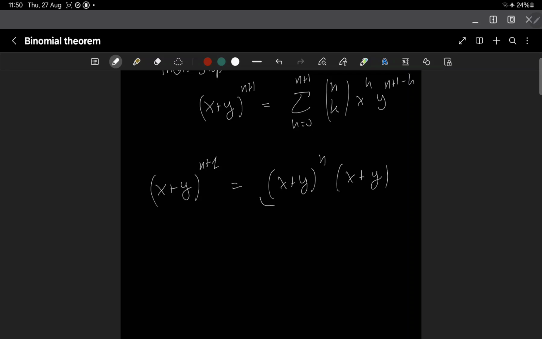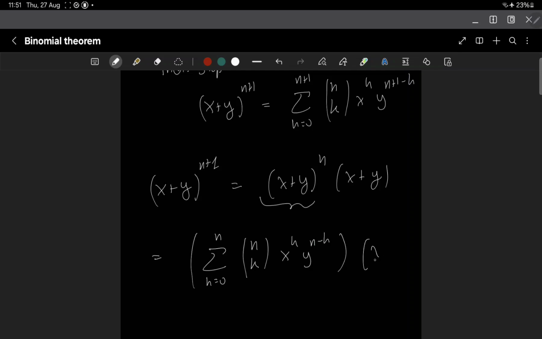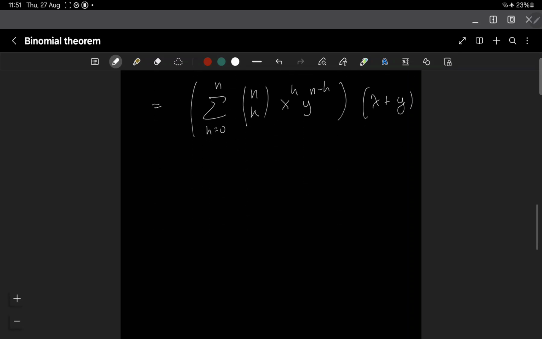And now we can use the induction hypothesis for the first factor. So we get that this is equal to the sum as k goes from 0 to n of n choose k, x to the power k, y to the power n minus k, and all of that we multiply by (x plus y). Now we can use the distributivity of the real numbers over multiplication.